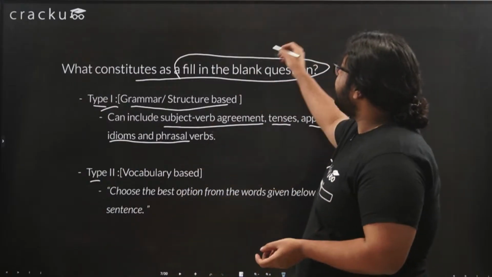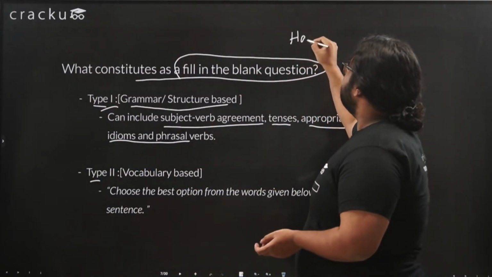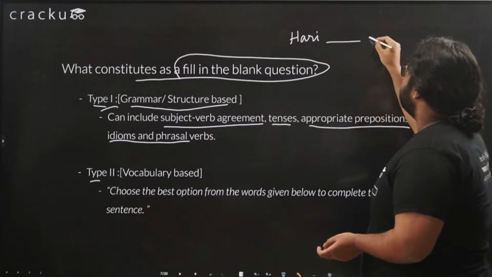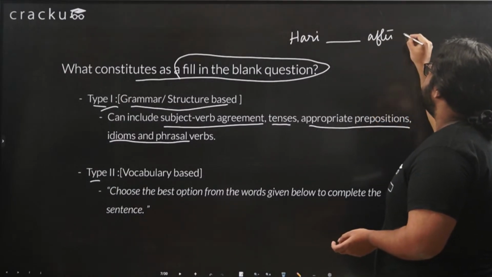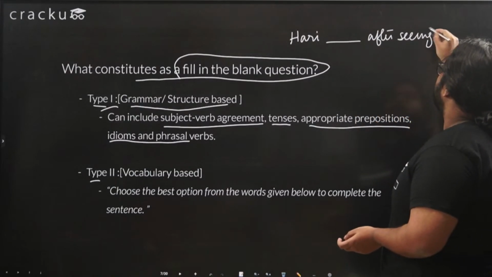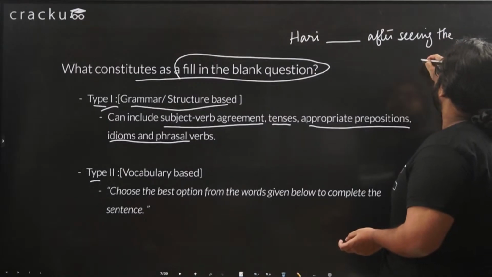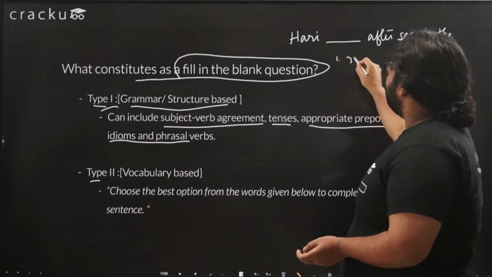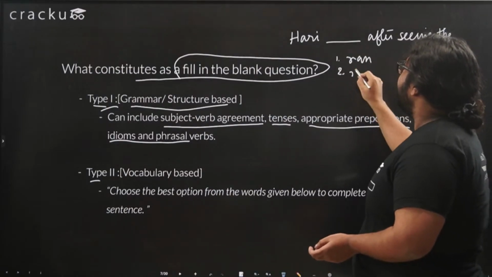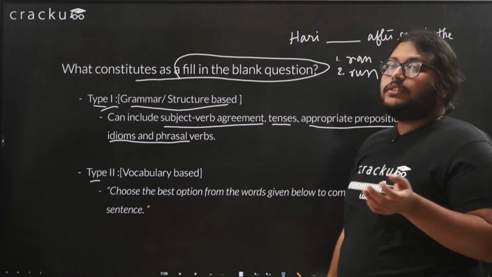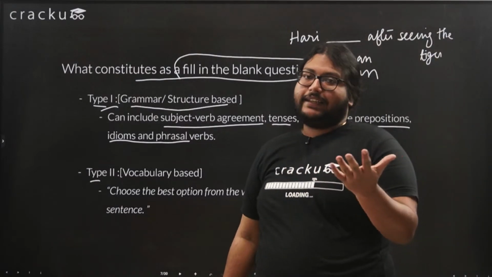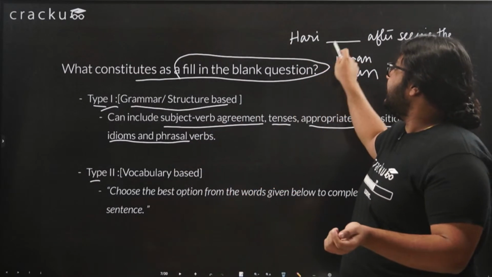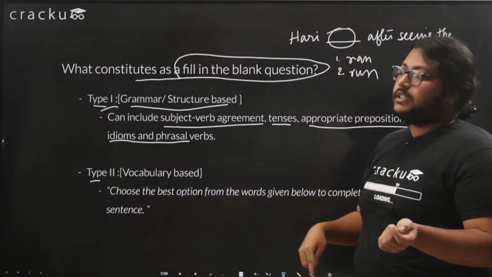It can be something like, Hari dash after seeing the tiger. And in the options we are given Hari run, Hari ran, all those. So essentially you have to identify the correct tense. If you know what the correct tense is, you know what the word will be here.